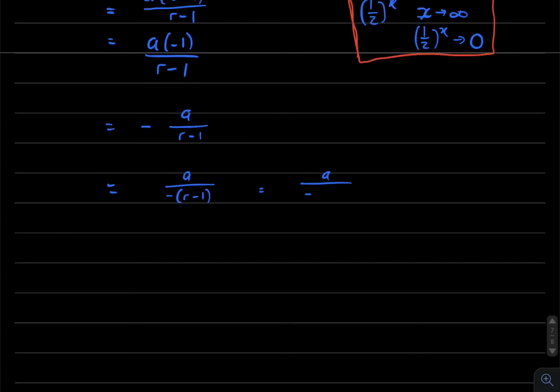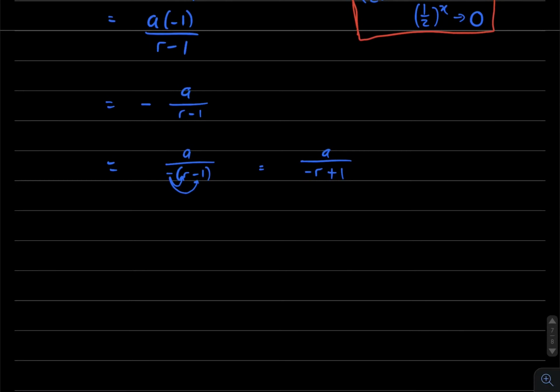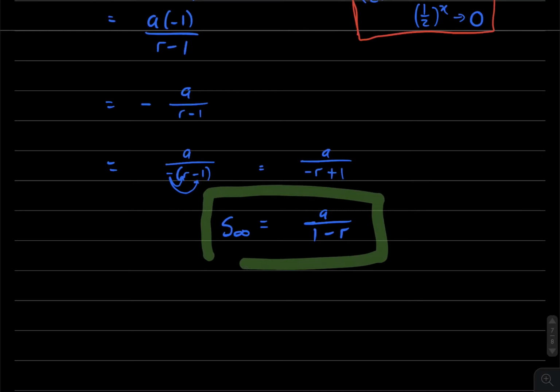This will be equal to -r plus 1, because minus and minus is plus 1. Okay, so if we just rearrange, we get a over 1 minus r. So that is equal to the sum to infinity.